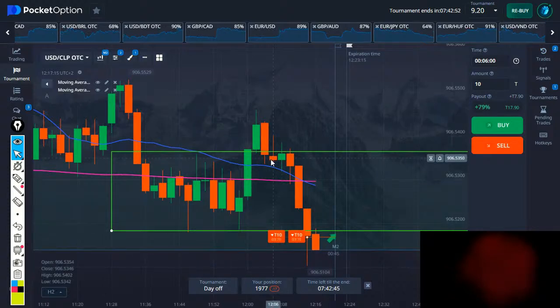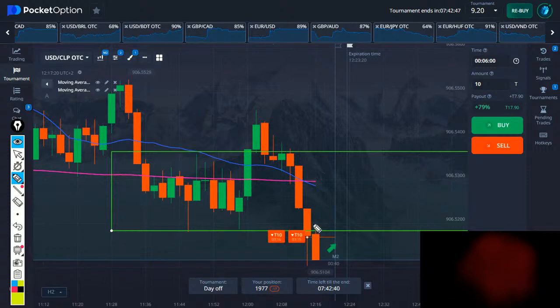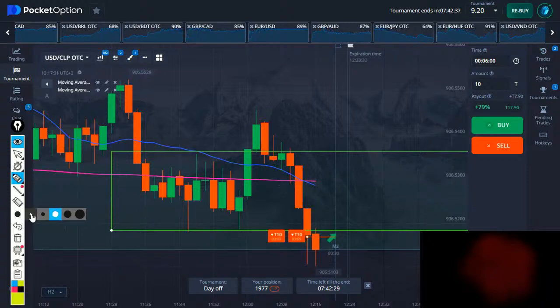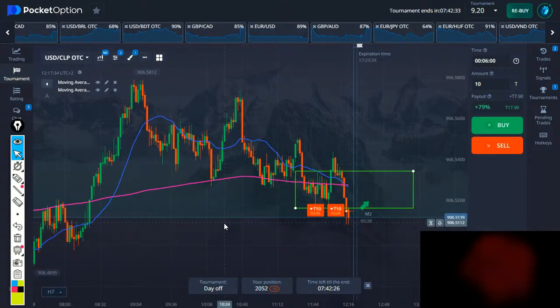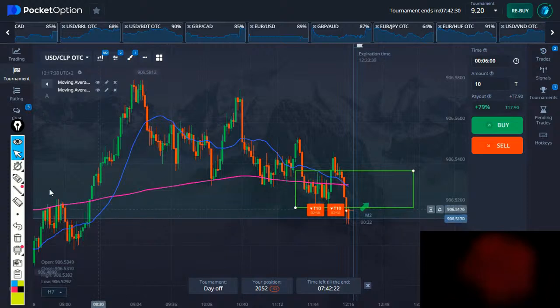Nice push. Come on, close. If we get a strong close here, we are safe. It's rejecting from this point. Let me see what's going on. Okay, so we have a demand area here.